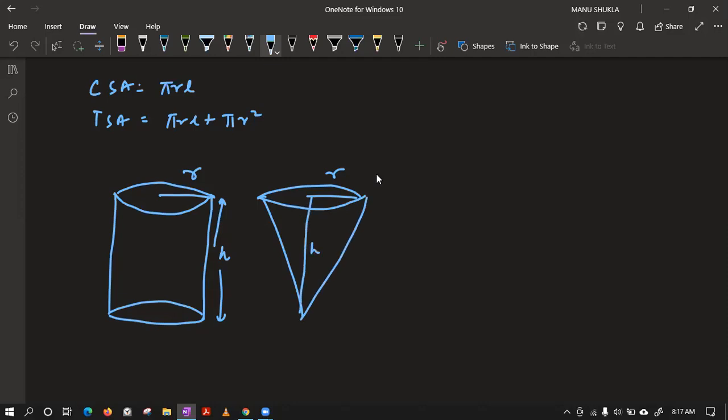Anyone who has studied this, you can tell me what was observed in these two. In the experiment, they took a cylinder and a cone of the same radius and same height, and they observed something which helped them give the volume of cone.